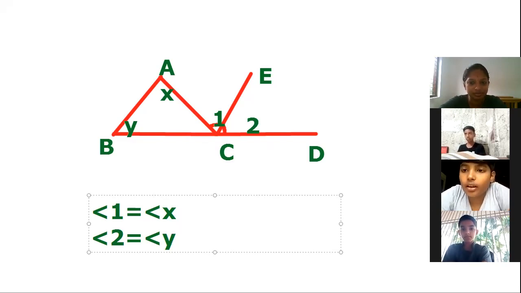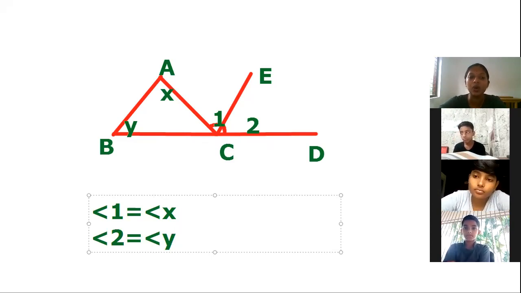Yes, this is because the lines AB and EC are parallel and they are cut by the transversal AC. Using that property, we write that angle 1 and angle X are equal, and similarly angle 2 and angle Y are equal.